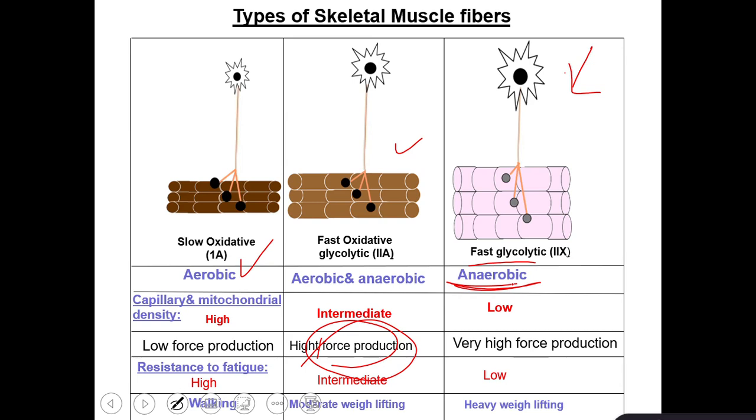They have very high force production, but they become tired very quickly. They do not resist fatigue. So we use them for heavy weight lifting. So you are carrying large weight, but this does not require a lot of time. So it can last for half a minute, one minute, and they will become tired. However, they are very strong.